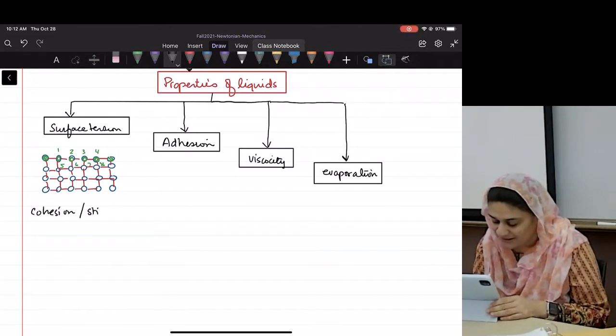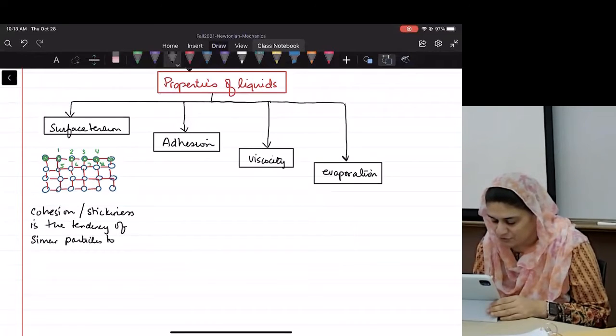Okay, so yes, now the formal definition is cohesion, also called stickiness, is the tendency of similar particles to be attracted to each other.